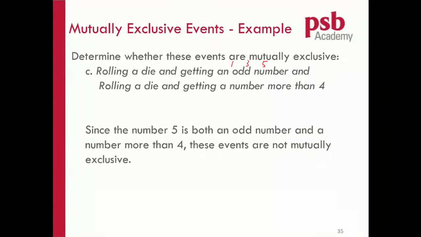I repeat. If I tell you I get an odd number, can that odd number be a number more than 4? Yes. What number is that? 5. So these 2 events also can happen at the same time, right? An odd number can be a number more than 4. So these 2 events are not mutually exclusive.